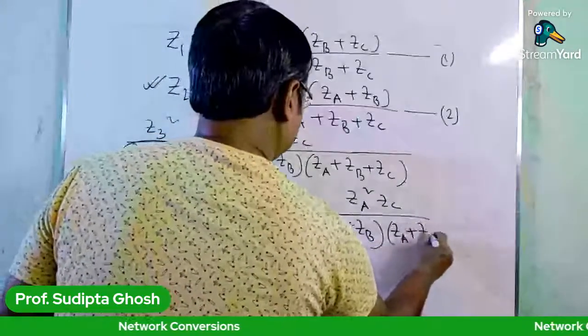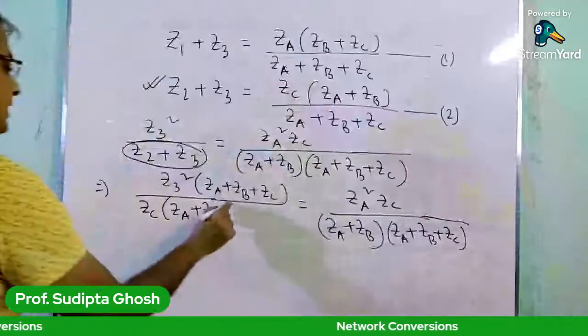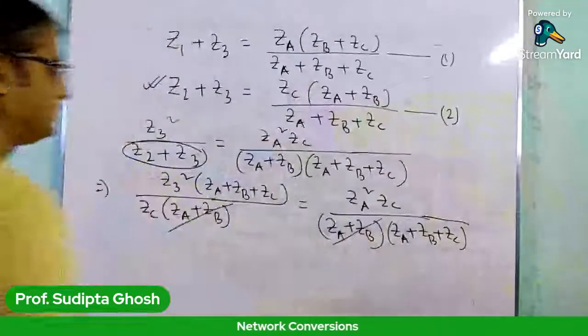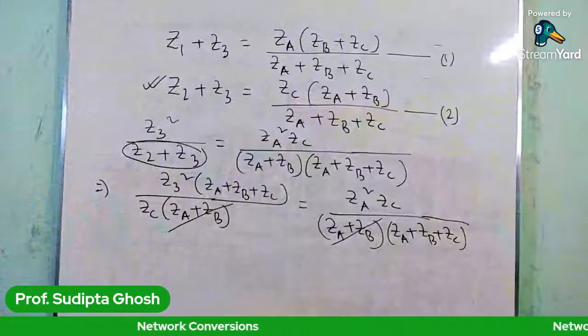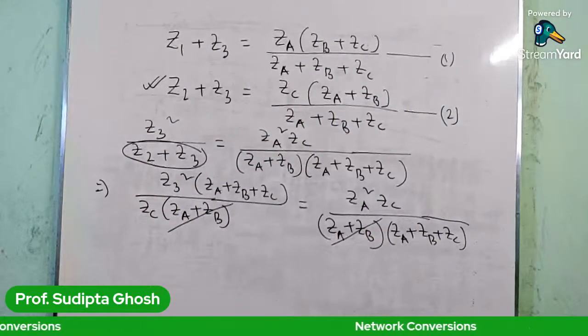So from this, as you can see, we can cancel ZA plus ZB from both the denominators, and in the numerator we have Z3 square.